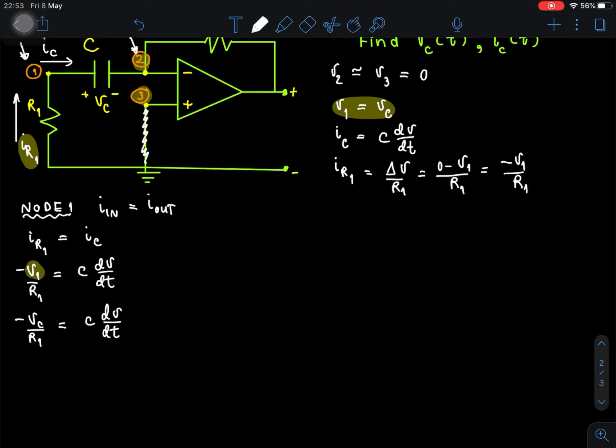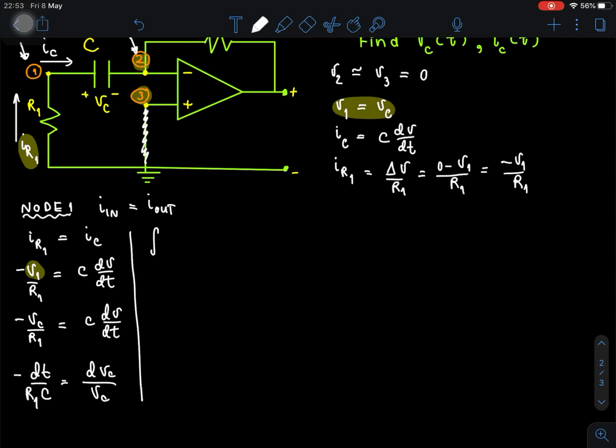Alright, so I'm just going to move terms from left to right. dt comes here by R1, and we have C down, and on the right side we have dVc by Vc. Next, we're just going to take the integral of both sides.